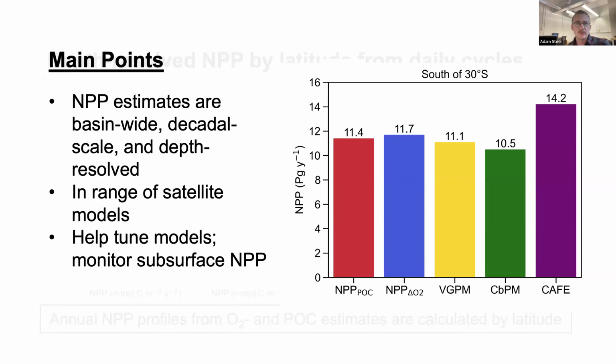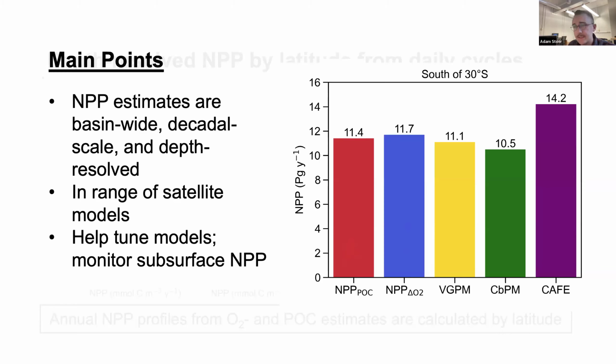So we're getting a decadal, long-term average of NPP throughout the water column. And these estimates of NPP are comparable between the two, which you can see in the red and blue column there. When we add up all the latitudinal averages that we had in the previous slide, those totals are within range of what satellite models give you from the Oregon State University website from Behrenfeld's group.